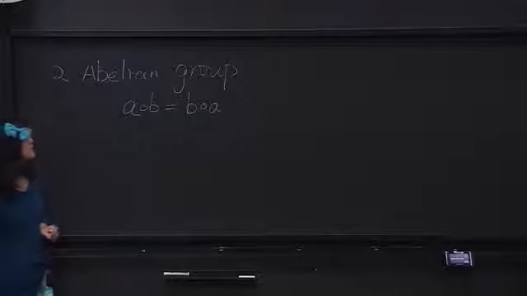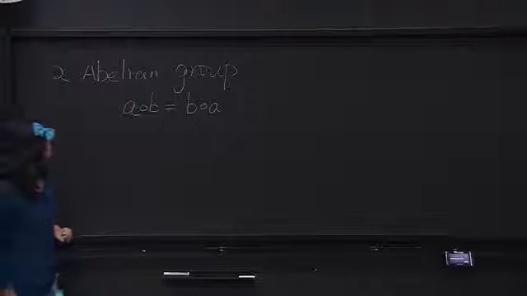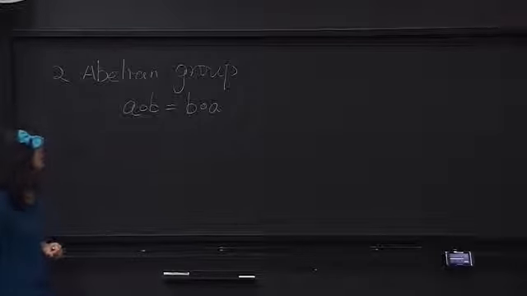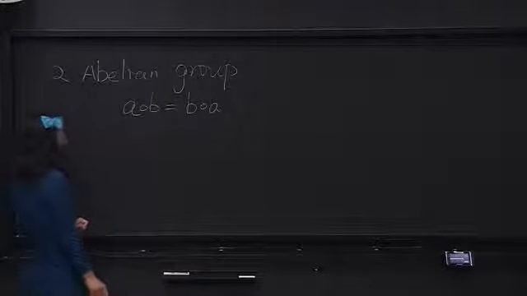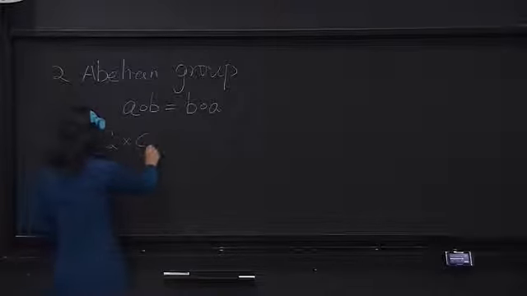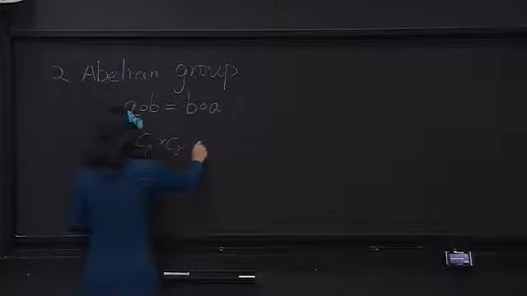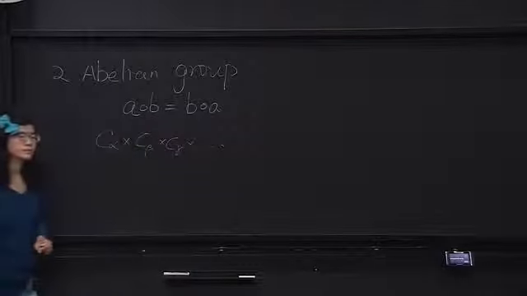And what do we want to say about abelian groups? Well, not really much, because we have a fundamental theorem of finite abelian groups that says any abelian group can be written as a direct product of maybe a gazillion cyclic groups.